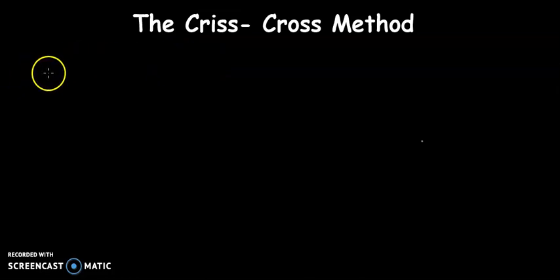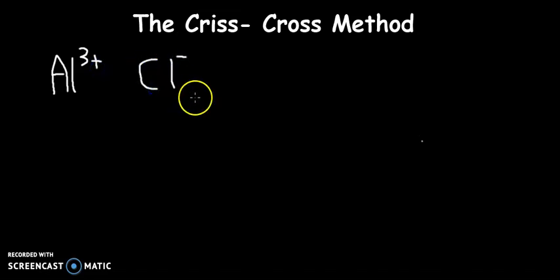The first example we're going to tackle is between aluminum 3+ and Cl-. As you can see here, the charge of Al is +3 and the charge of Cl is -1. So the criss-cross goes like this.